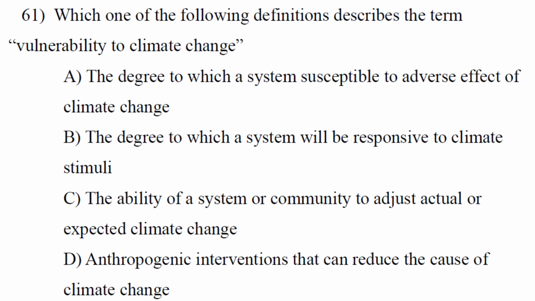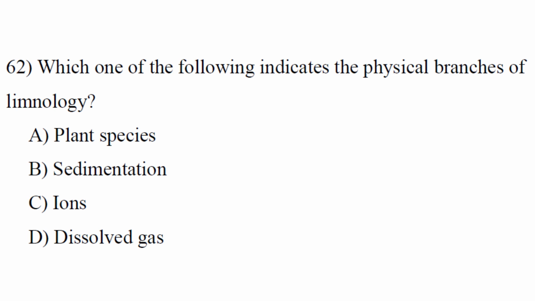D. Anthropogenic interventions that can reduce the cause of climate change. Answer: A. The degree to which a system is susceptible to adverse effects of climate change.